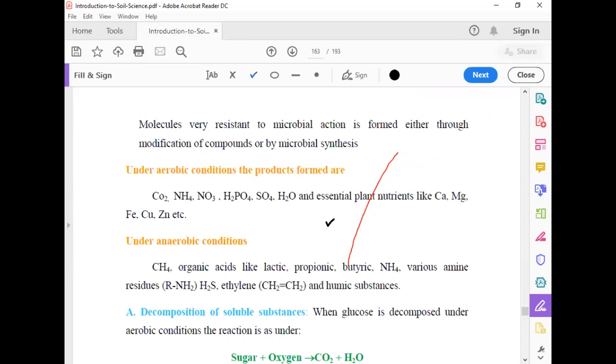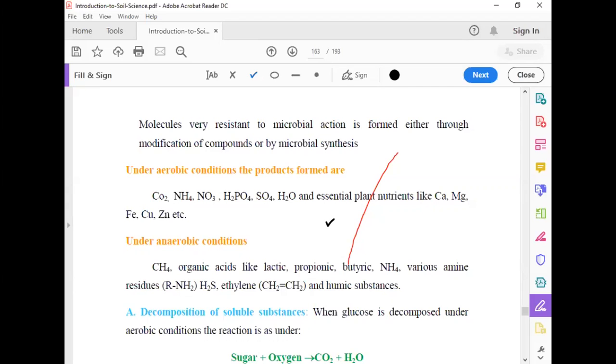Okay, there are two conditions, aerobic and anaerobic. In the aerobic condition, products formed are CO2, ammonia, nitrate, phosphoric acid, sulfate, and water, and essential plant nutrients that contain calcium, magnesium, and micronutrients like iron, copper, and zinc.